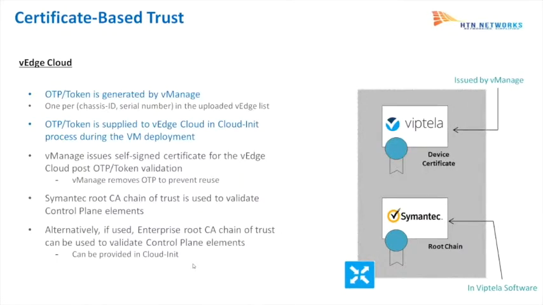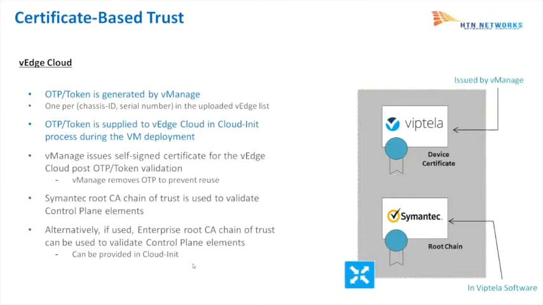vEdge Cloud uses the OTP/token process. OTP means one-time password. So vManage generates a one-time password and a token for each vEdge Cloud router. They also assign a chassis ID and serial number to the cloud router.